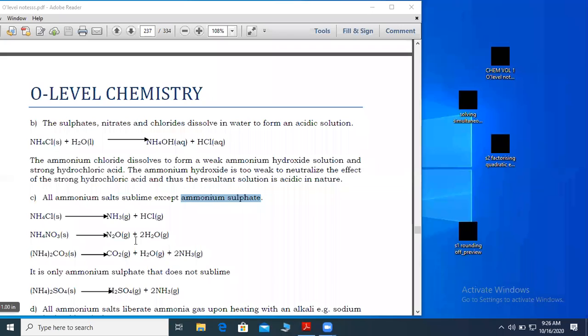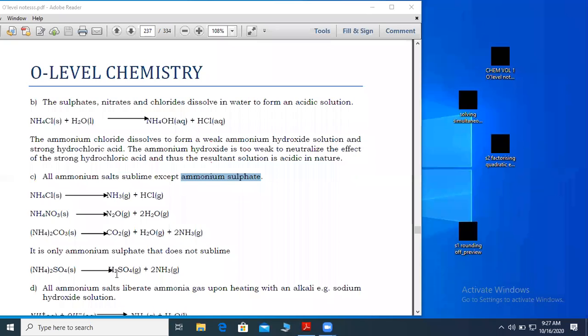Ammonium nitrate also sublimes, forming dinitrogen oxide plus water. Ammonium carbonate, the same, it sublimes when heated, forming carbon dioxide gas, ammonia gas plus water. But ammonium sulfate, when heated, it forms sulfuric acid plus ammonia gas.